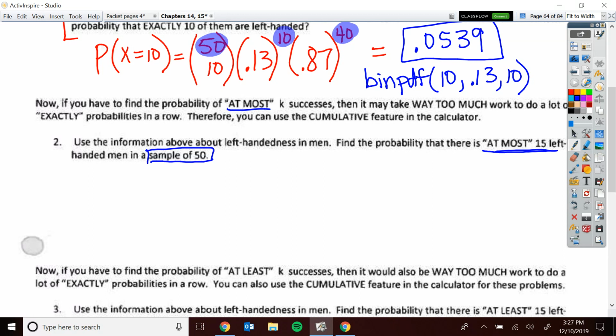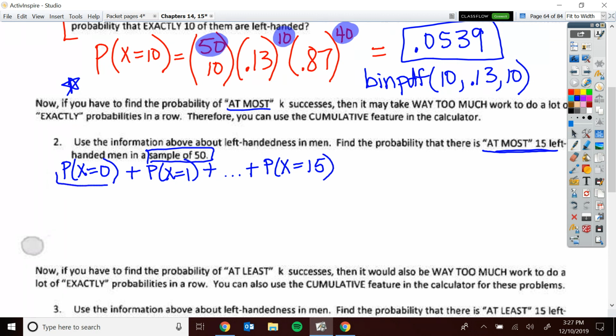According to what we know, we would have to do a whole lot of these PDFs added together: 0 left-handed men plus exactly 1 left-handed man, and all the way up to exactly 15 left-handed men. That is crazy, having to compute all of these binomial PDFs and adding them all together.